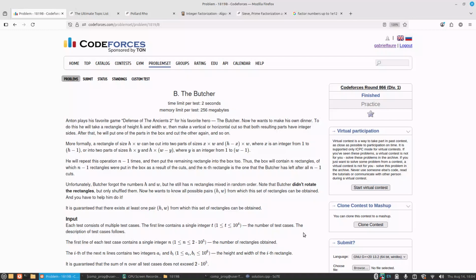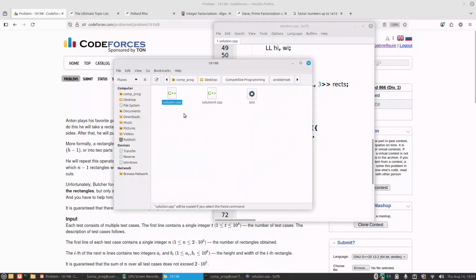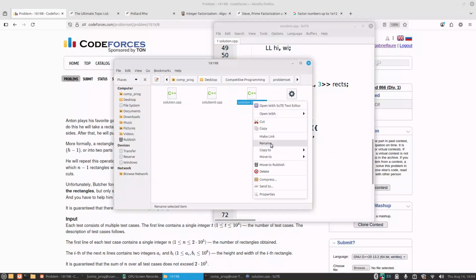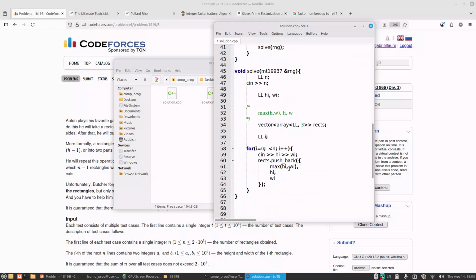And yeah, that should be a solution. So this is also useless. We'll just keep it as pair.